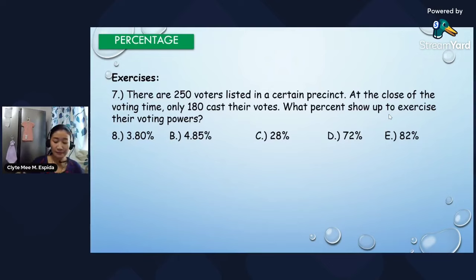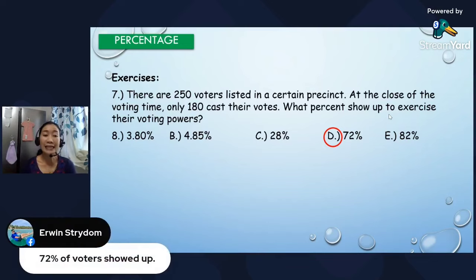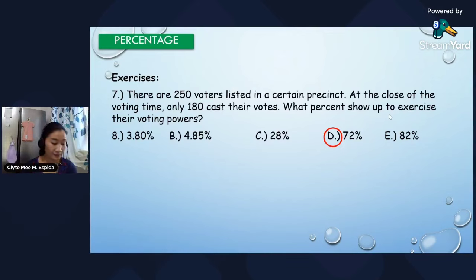Okay, answer reveal. The correct answer is letter D. Very good. So that is 72%. We simply divide. To get the percentage, you divide 180 by 250, and the answer would be 0.72.